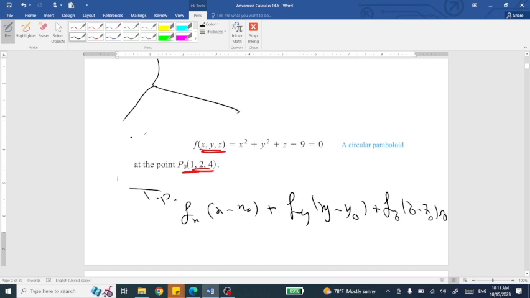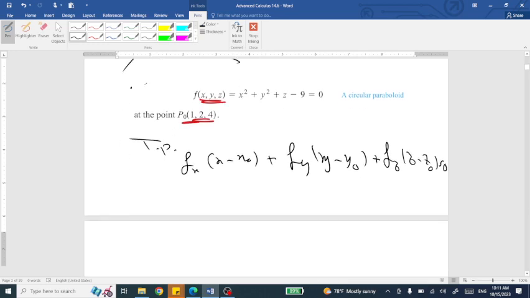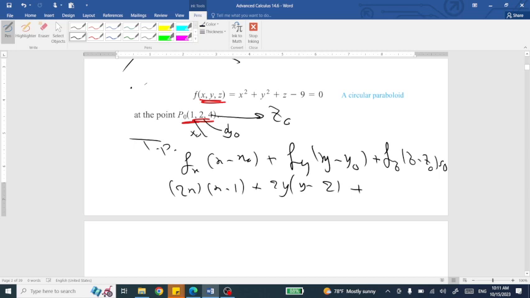So fx in this example is equal to 2x, times (x minus 1), plus 2y times (y minus 1)... x naught, y naught, z naught, plus fz only 1 times (z minus 4).